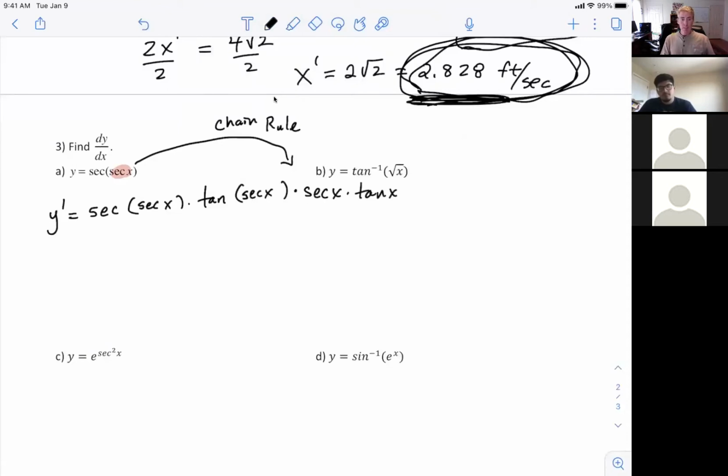So could it be simplified? It sort of looks like you could somehow combine these secants or factor them or something like that, but you can't because this one is stuck inside of a secant function.